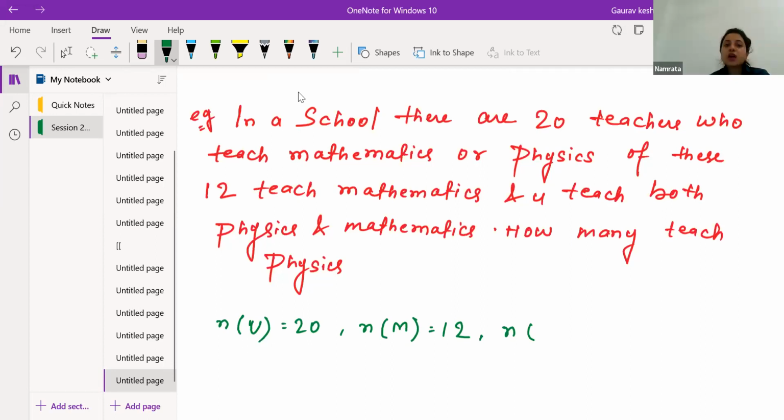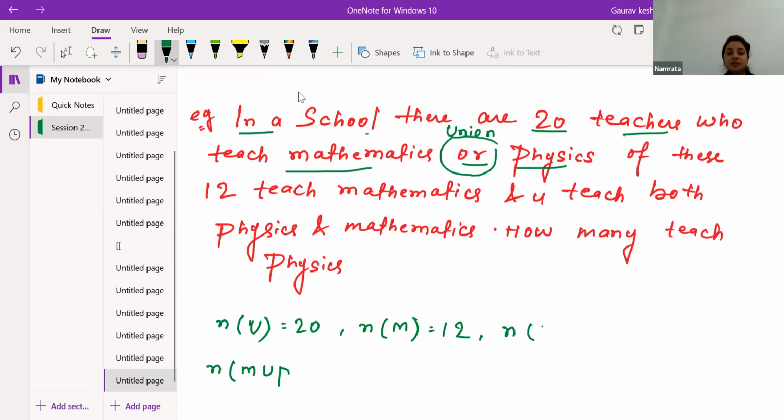Yeah, both are 4. Here, how will we take the data? See, in a school, there are 20 teachers who teach mathematics or physics. Whenever this 'or' is there, while doing questions from sets like union and intersection, this 'or' represents union. Or means either this one or that one. So this represents the union of both. Okay. So rather than writing the universal set, which is also correct, we will write the union of mathematics and physics is 20.